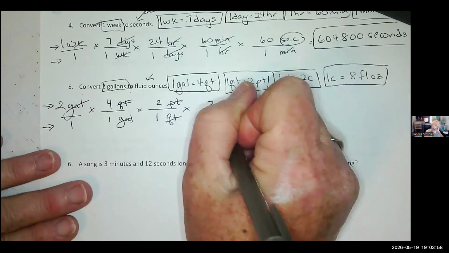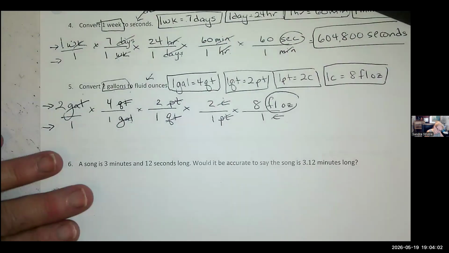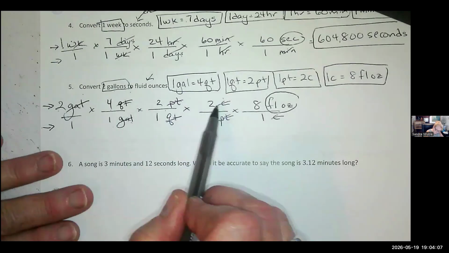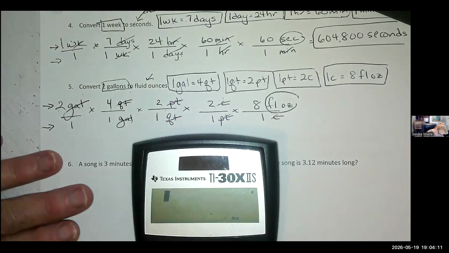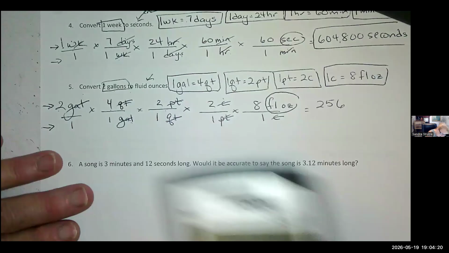We're left with fluid ounces. Fantastic. 2 times 4 times 2 times 2 times 8 is 256. Now let's look at the denominator, 1, 1, 1, 1, 1. So 256 fluid ounces.